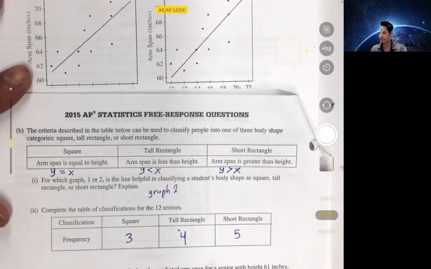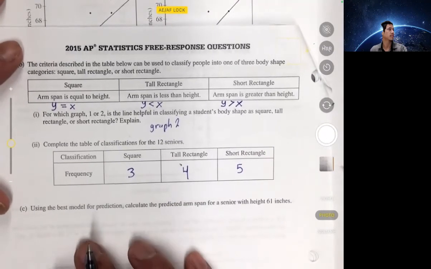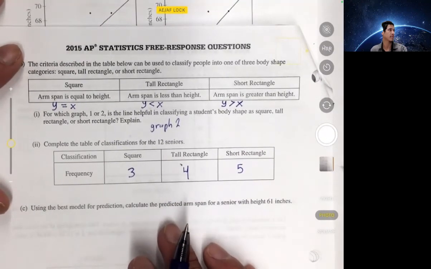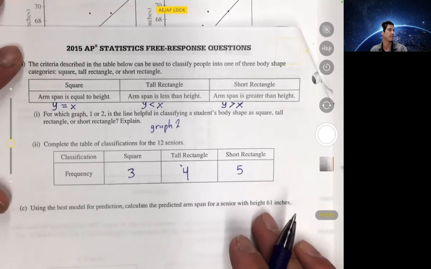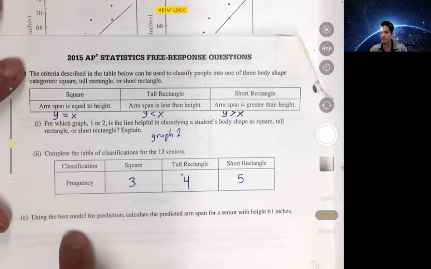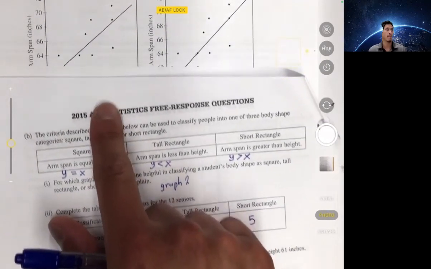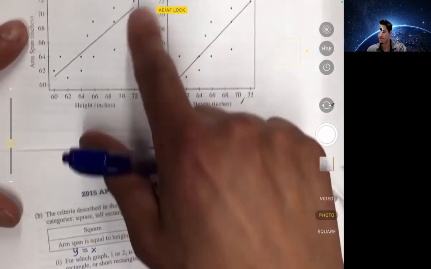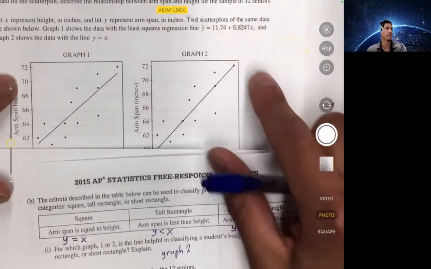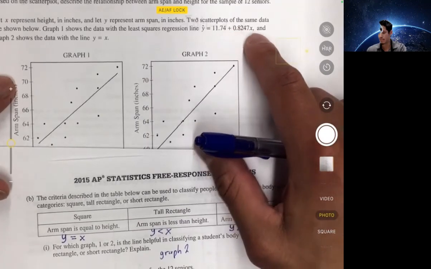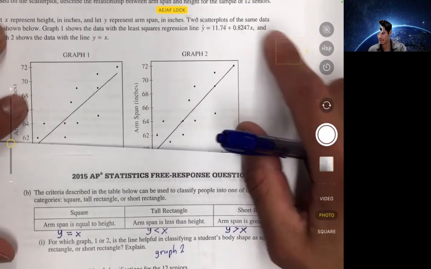And now if we're going to use the best model for prediction to calculate the predicted arm span for a senior with a height of 61 inches, the best model for prediction is going to be the least squares regression line. So the LSRL equation is this. For this equation, we're simply going to plug in 61 for x and evaluate.